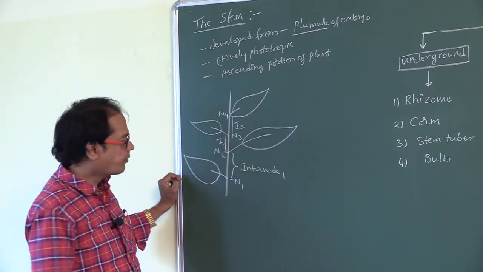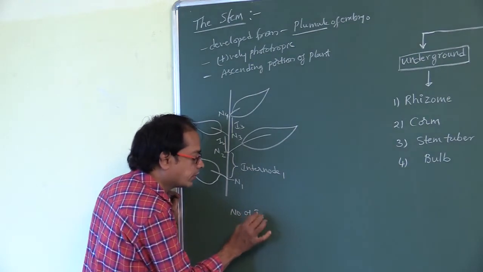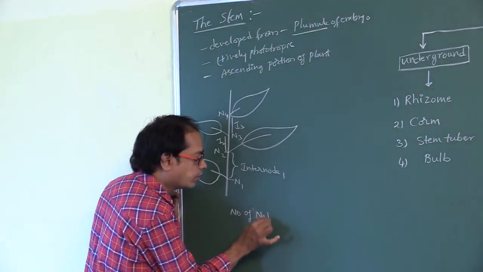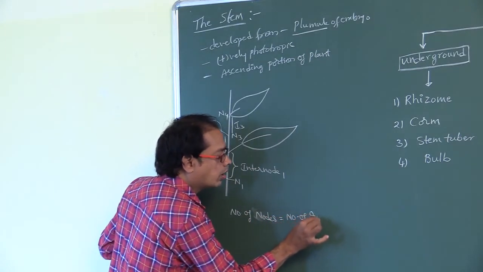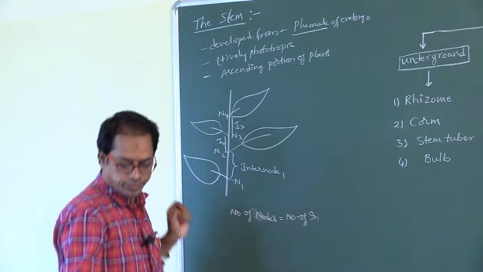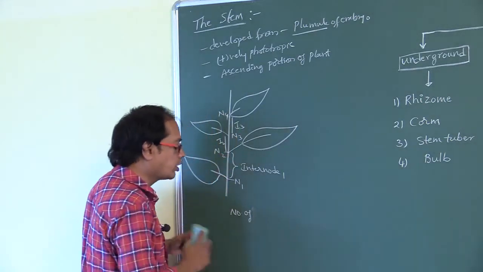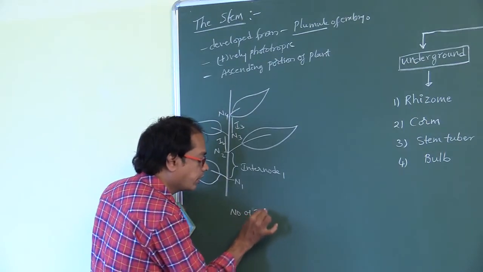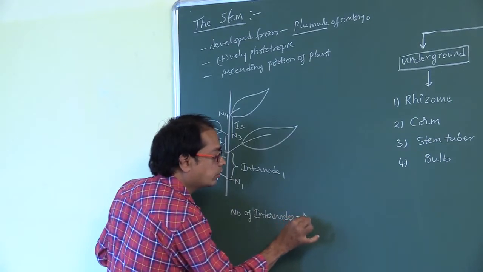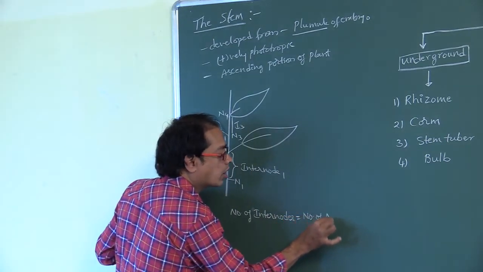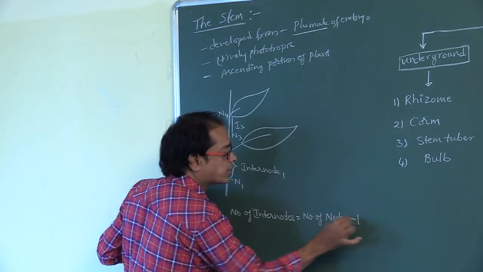What is the formula? Number of internodes is equal to number of nodes minus 1.